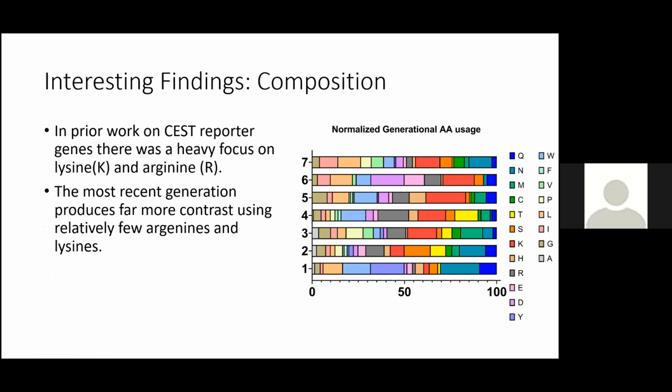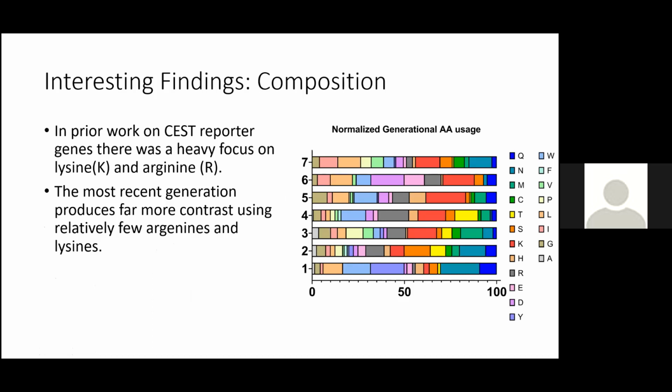Another thing worth looking at from this is that prior work on CES reporter genes, we looked at lysine and we looked at arginine, those two basic amino acid groups that we use to charge the peptides and make them so they produce lots of contrast.